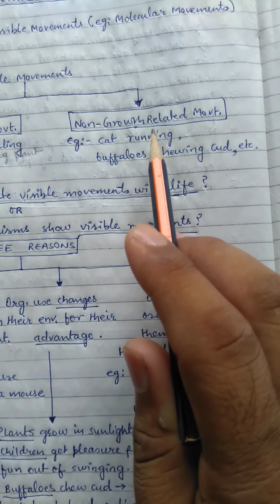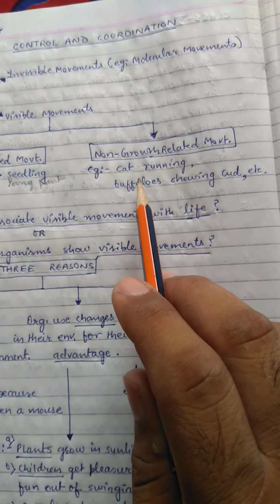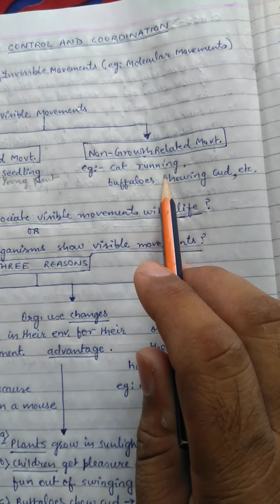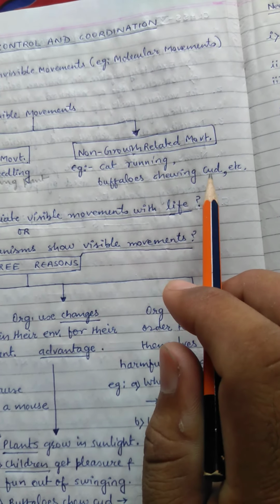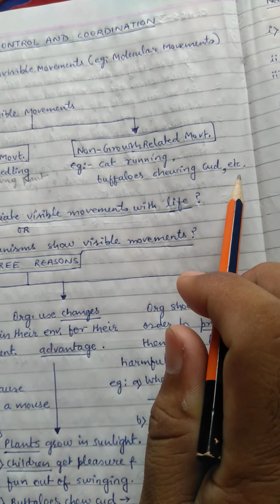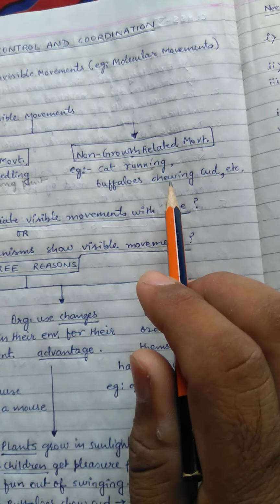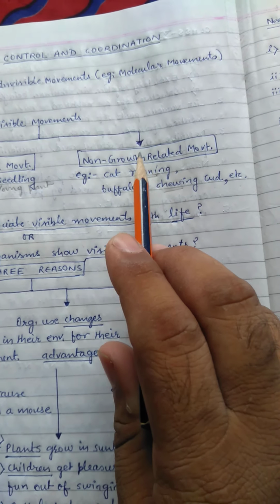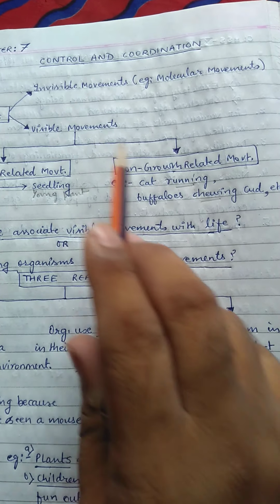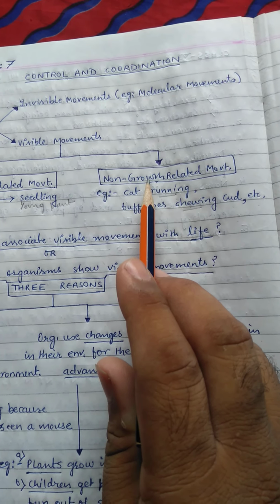On the other hand, we have non-growth related movements. For example, if a cat is running, or buffaloes are chewing the cud, etc. In all these examples, the running movement of the cat and chewing movement of the buffalo are visible movements, but these running and chewing movements are not because of the growth.